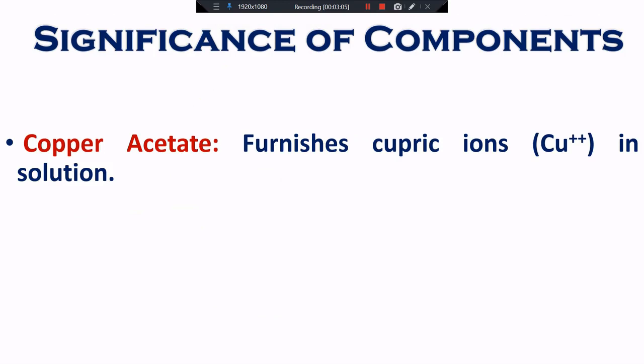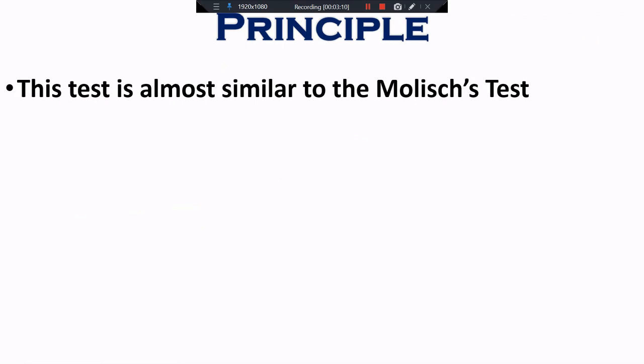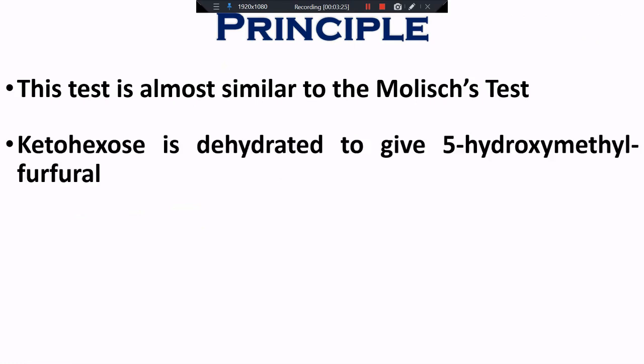The significance of the components is that resorcinol reacts like alpha naphthol in the Molisch test, and hydrochloric acid is for the dehydration reaction. So this test is similar to the Molisch test. Ketohexose is dehydrated to give 5-hydroxymethyl furfural, just as hexose in the Molisch test gives 5-hydroxymethyl furfural.